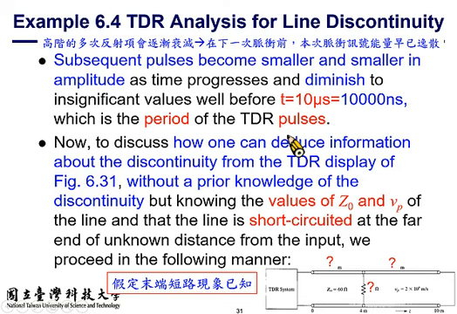So in this case, the only thing we know is that the line is terminated with a short. We know the characteristic impedance is 60 ohm, the overall length of the transmission line is 10 meters, and the propagation velocity is 2 times 10 to the 8th.